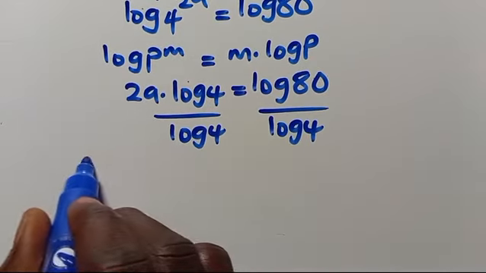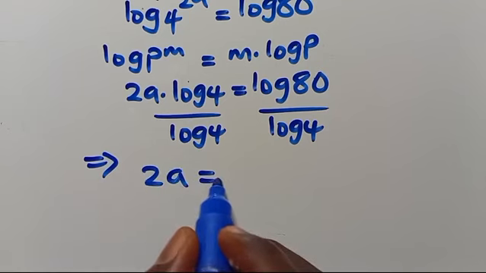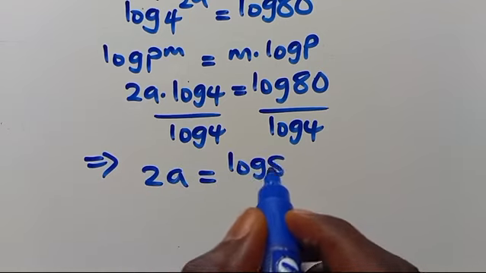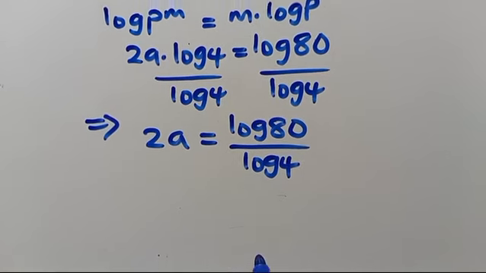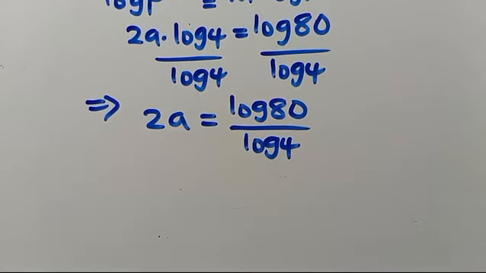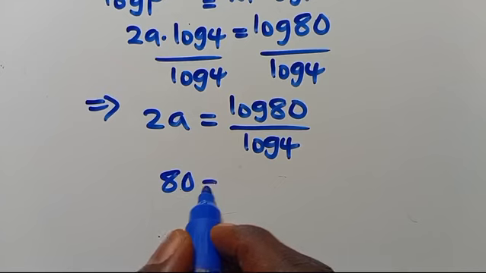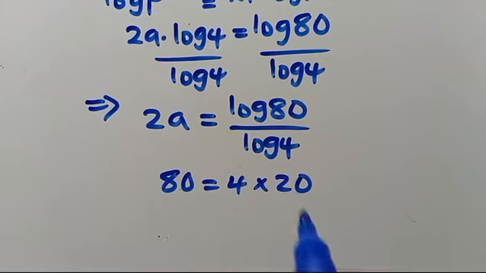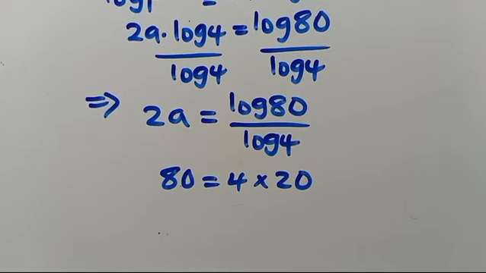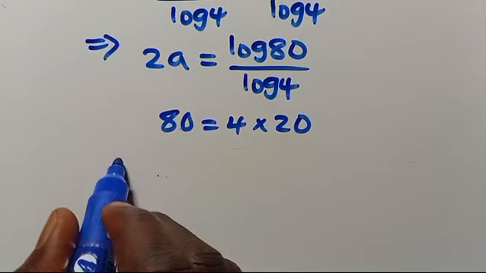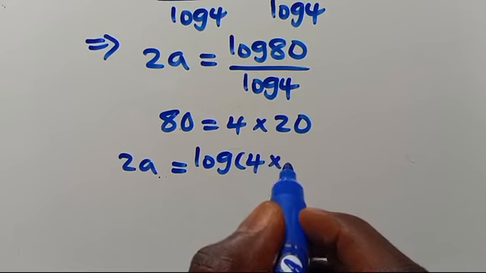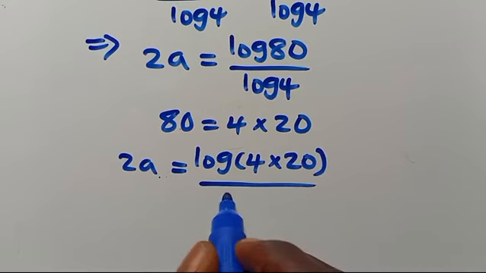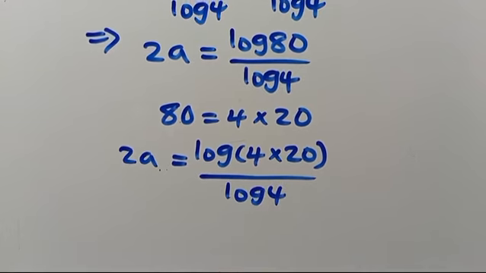So we have 2a equals log 80 over log 4. Then mind you, we can write 80 as the product of 4 times 20. So 2a equals log of 4 times 20 over log 4.